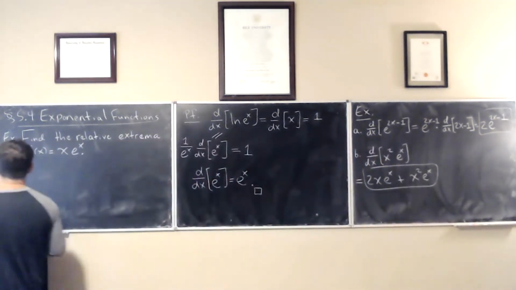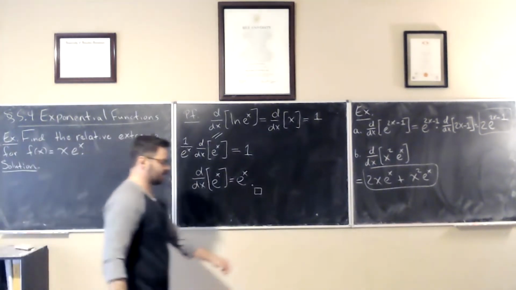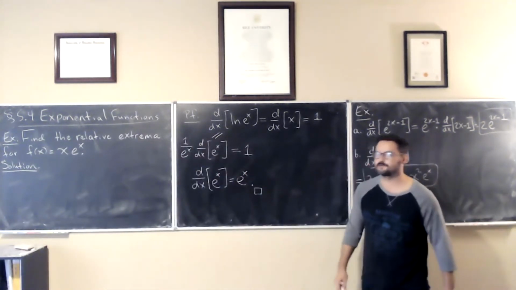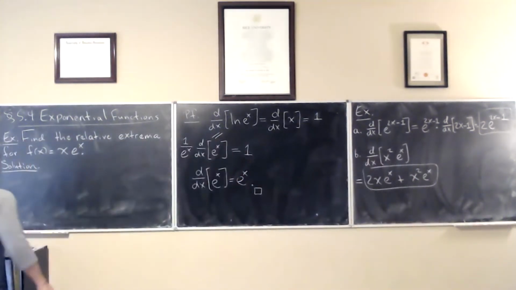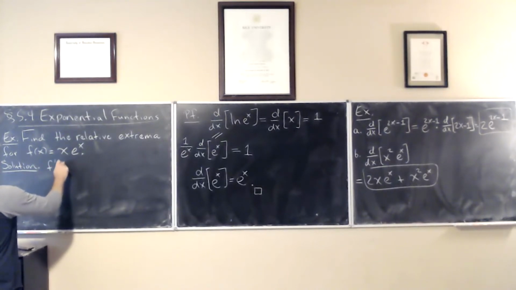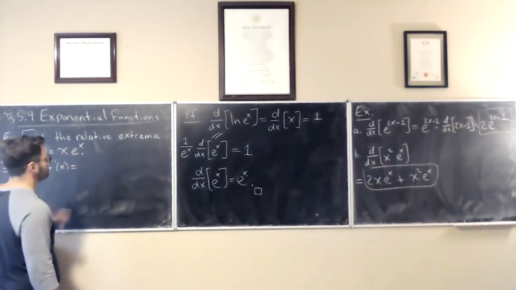To find the relative extrema, we need to find the places where the derivative is equal to 0 or doesn't exist. So f prime of x. This is again the product rule, derivative of that times that plus that times the derivative of that.